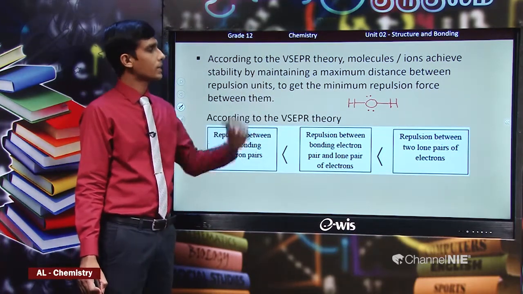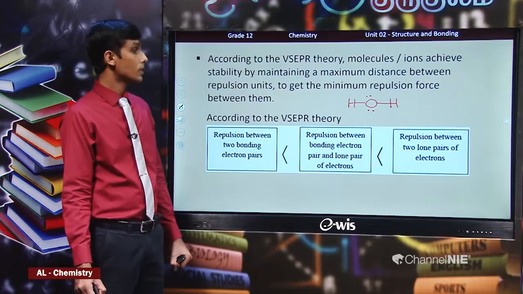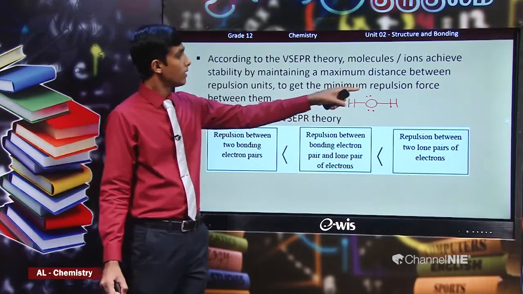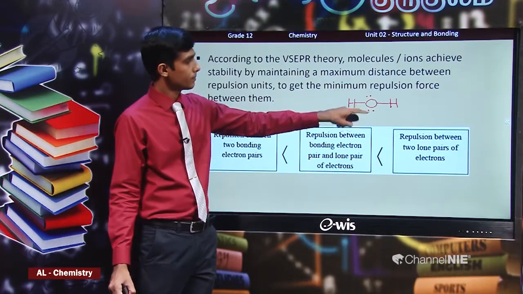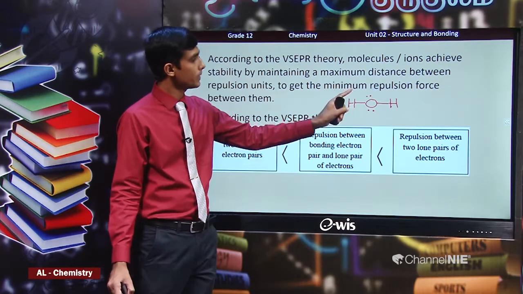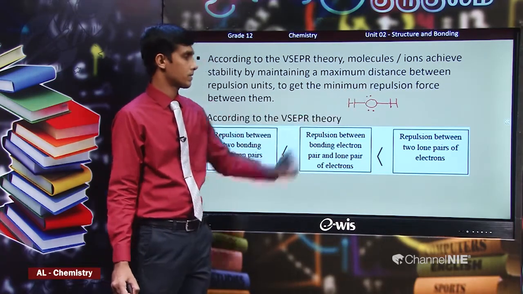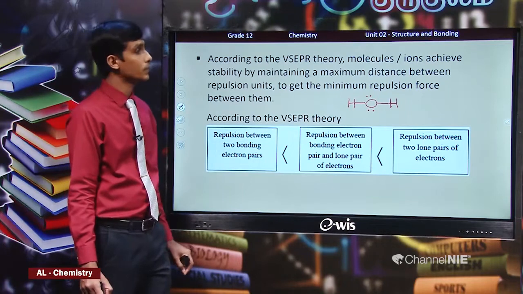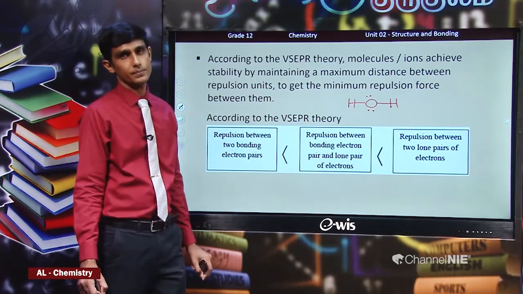Here there are 3 types of repulsions: repulsions between lone pairs, repulsions between lone pairs and bond pairs, and also repulsions between bond pairs.